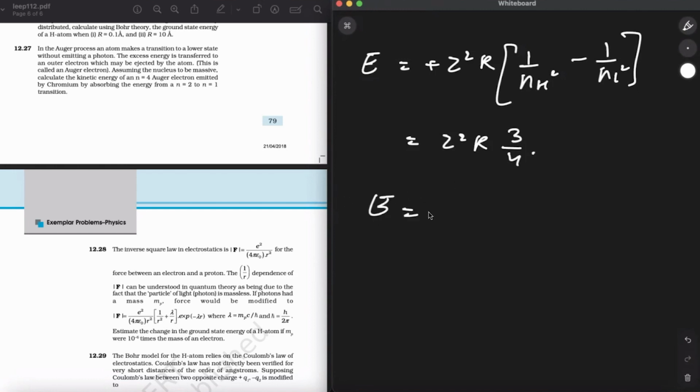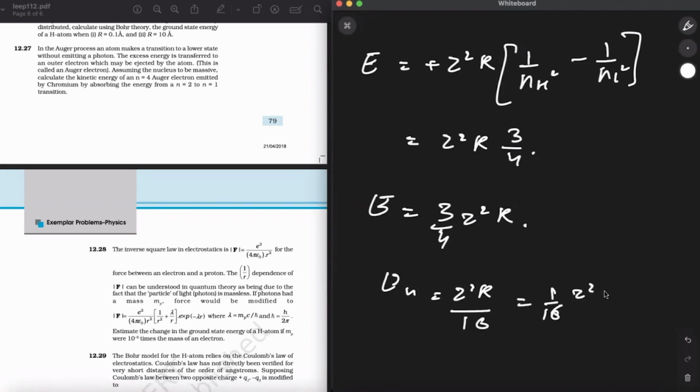So the energy is 3 by 4 Z square R. The energy required to get an electron from the n equal to 4 state will be Z square R times 1 upon 4 square, which is 1 by 16 Z square R. The energy required to eject an electron from the n equal to 4 state we have calculated.